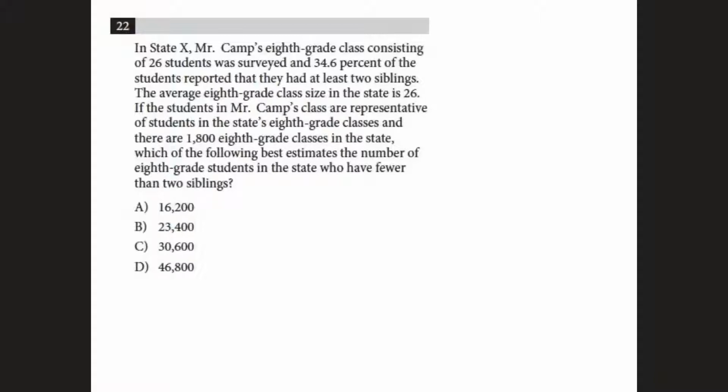Okay, so we know that 34% of the students report that they had at least 2 siblings. So if 34% of his class had at least that many siblings, well, then how many had fewer than 2 siblings?